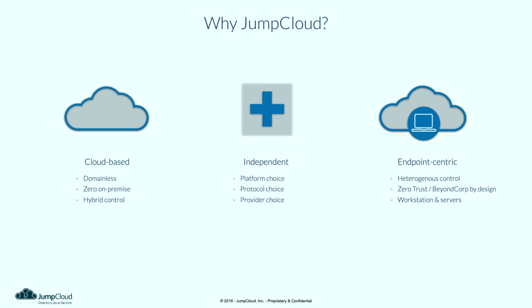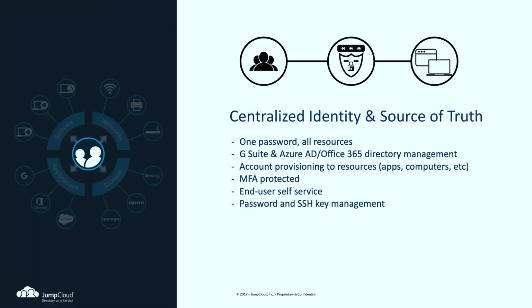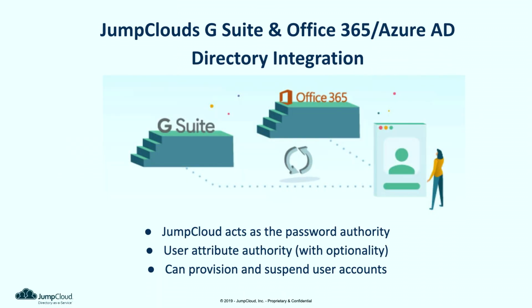In addition to that, we've got heterogeneous control, so you can install the agent on Mac, Windows, and Linux, and leverage different protocols that centralize on one identity being the source of truth. So JumpCloud has the ability to write directly into both G Suite and Office 365, and also has Cloud LDAP, Cloud Radius, and SSO offerings.